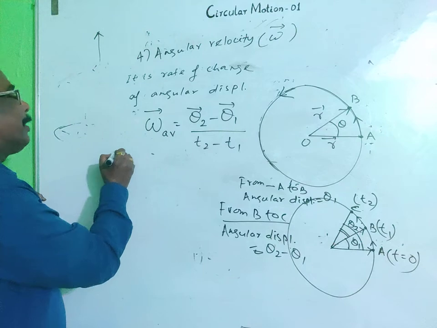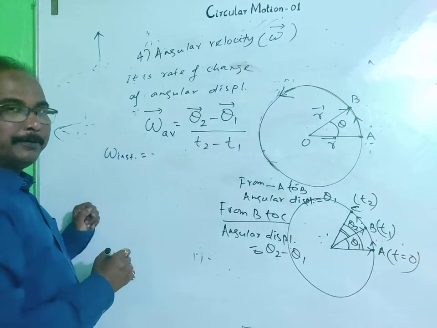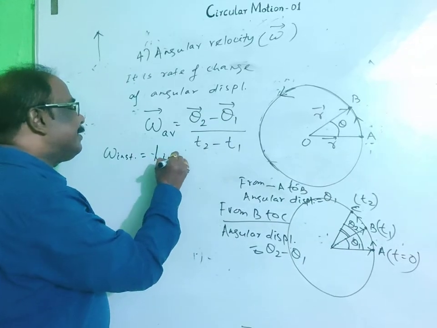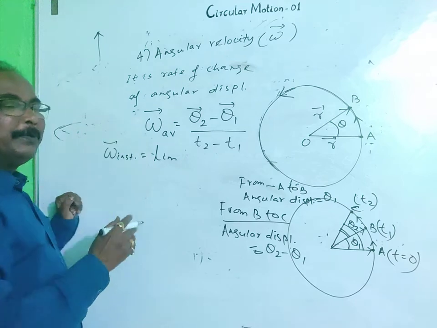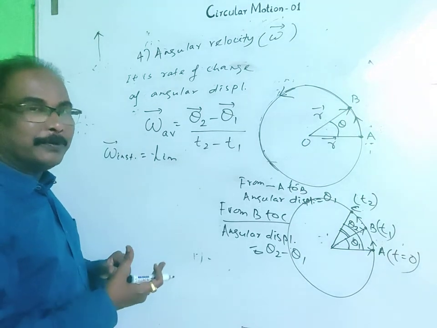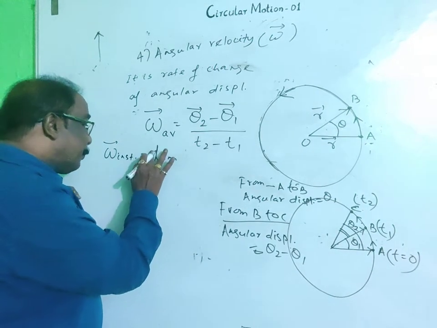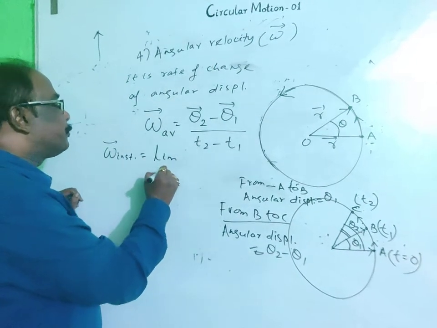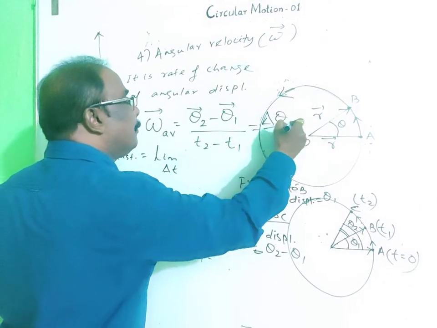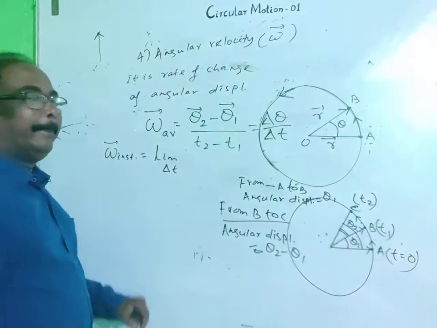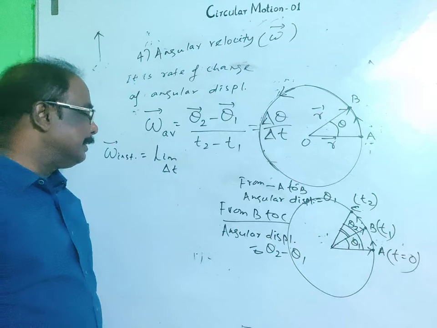In a similar way, as you know instantaneous linear velocity, this is instantaneous angular velocity. To calculate instantaneous velocity, this may be written as delta theta by delta t, total change in angular displacement divided by total change in time.